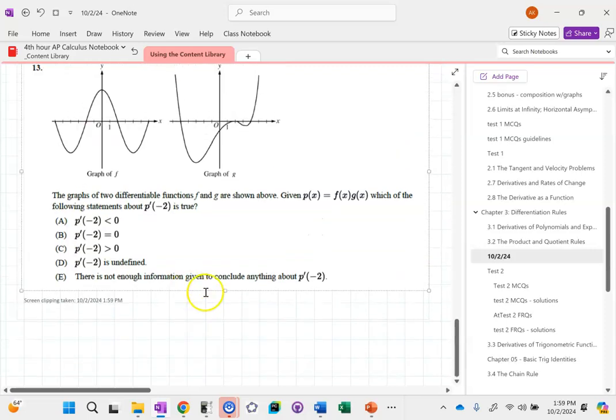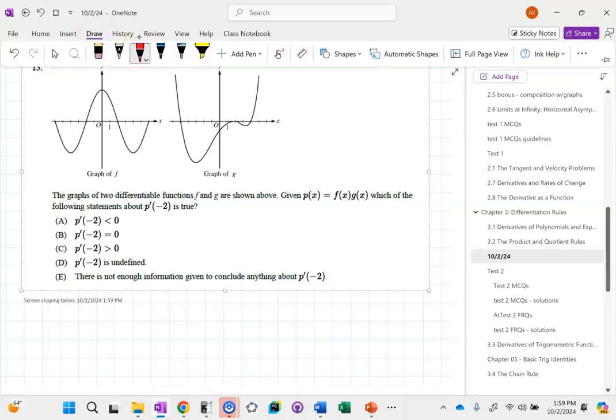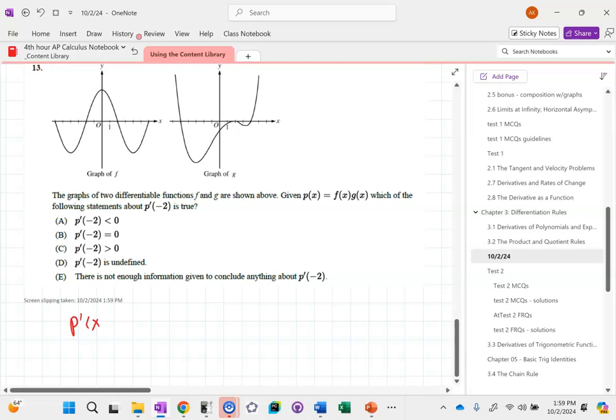All right. So it says the graphs of two differentiable functions, f and g, are shown above, given p of x equals f of x times g of x. Which of the following statements about p prime of negative 2 is true? So I'm going to start just by writing what p prime is.